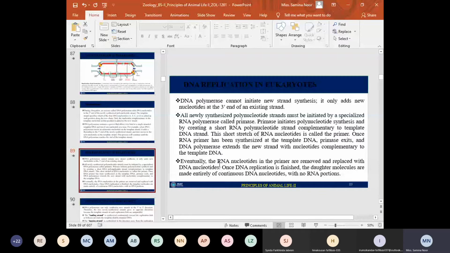Once the RNA primer has been synthesized on the template DNA, the primase exits, and the DNA polymerase extends the new strand with nucleotides complementary to the template DNA, adding nucleotides to this already existing polynucleotide chain.